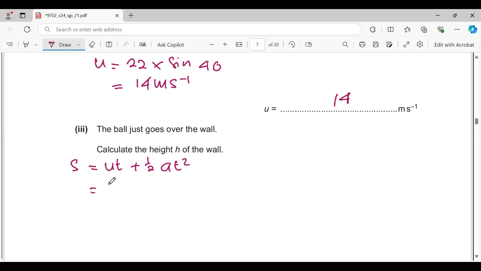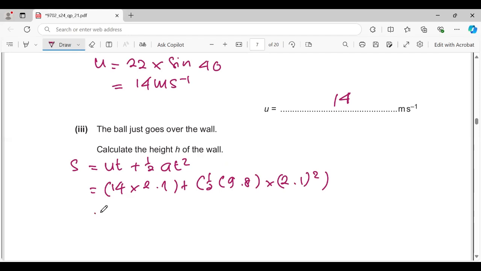The initial velocity is 14, times 2.1, plus half times acceleration 9.8, times 2.1 squared.